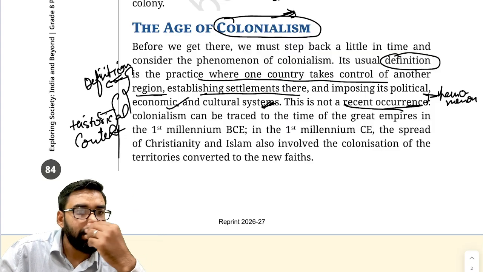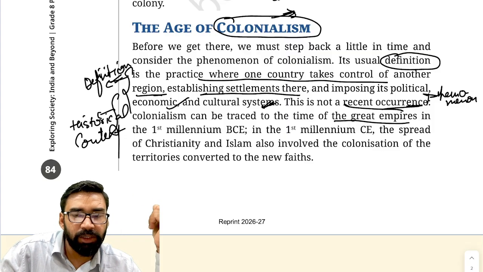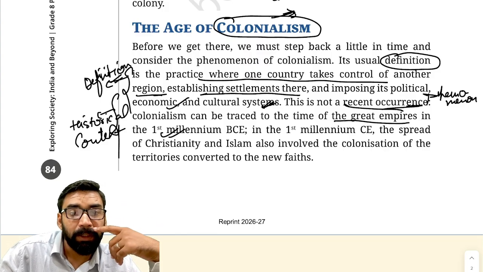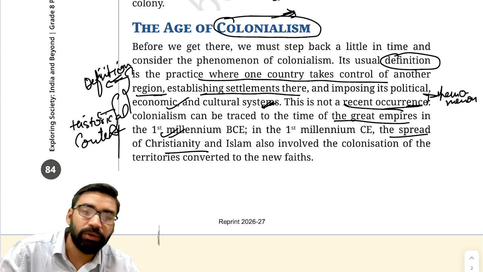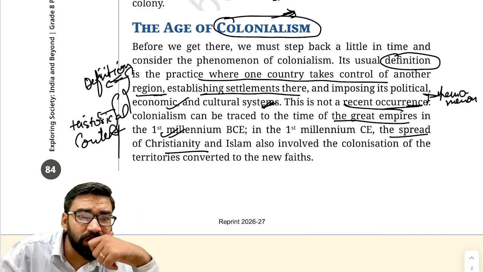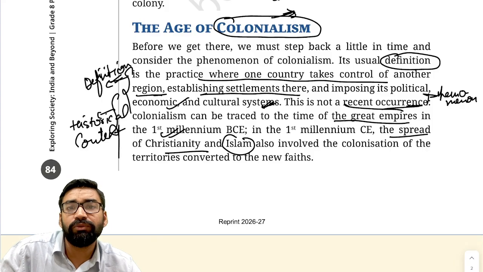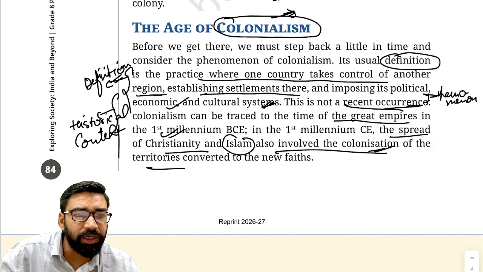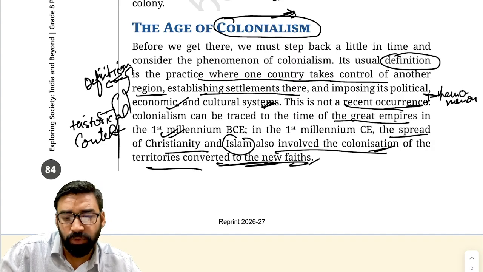Great empires were there. They used to occupy other areas in the first millennium BC. Then the spread of Christianity in medieval times is also a form of colonialism. Then Islam was also involved in capturing other areas, that is also a form of colonization of territories and converting to new faiths.